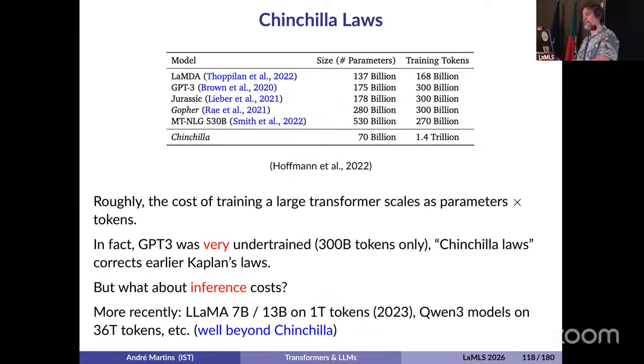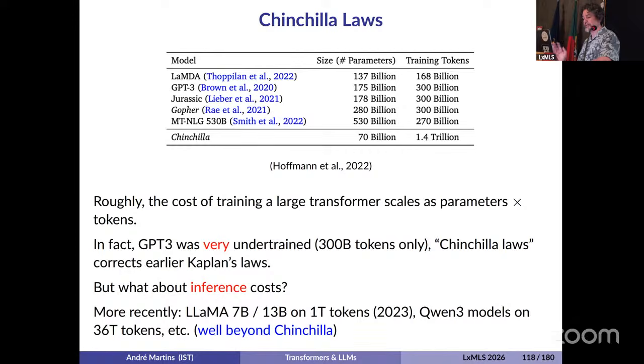A very famous paper is the one that introduced the Chinchilla loss, which tries to come up with a formula that tells you, for a model of this size, how many training tokens are necessary to train it. The conclusion they got is that GPT-3 was very undertrained. GPT-3 was trained on only 300 billion tokens.